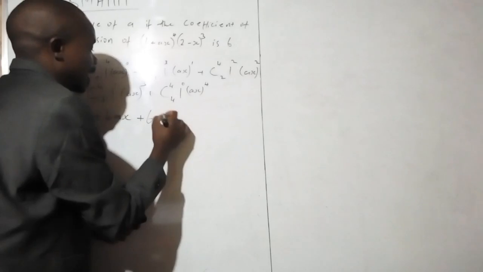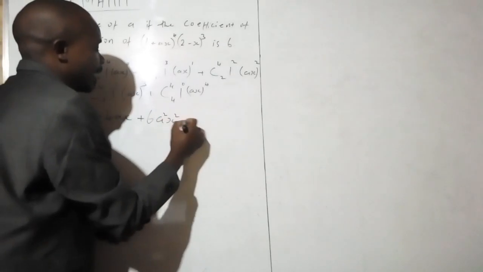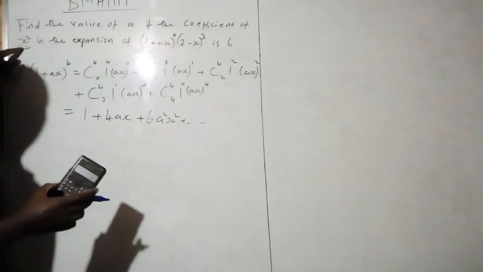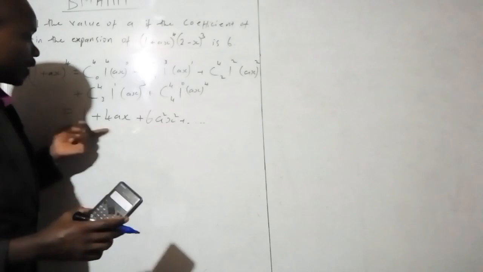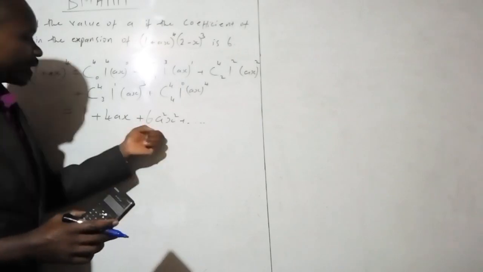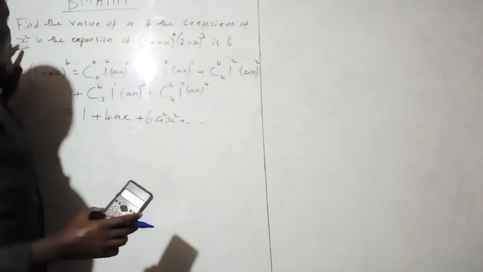Because we want x squared, no need of proceeding. We stop at that point because the examiner wants us to find up to x squared.